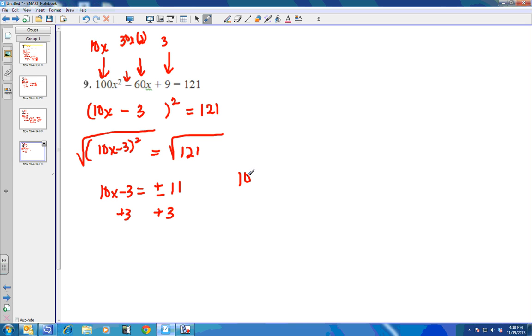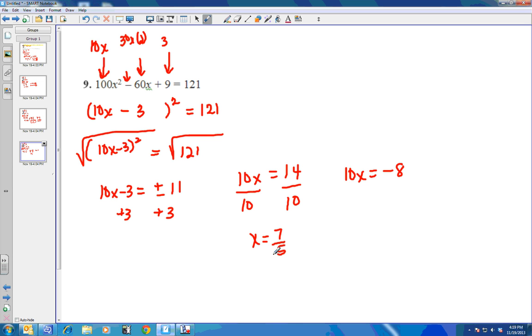So 10x equals 3 plus 11, which is 14. And 10x equals 3 minus 11, which is negative 8. So divide by 10, divide by 10. X is equal to 14 over 10, or 7 over 5.